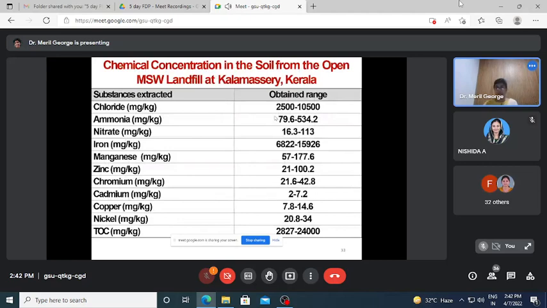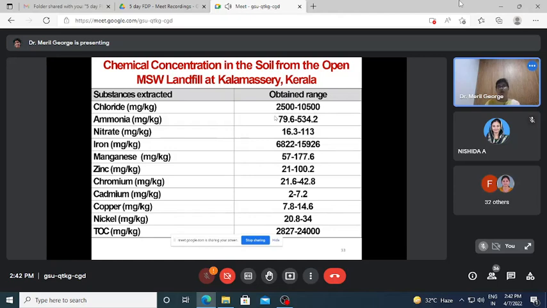The data obtained from the field, that was from the Kalamassery area, was tabulated here. The chloride was found in the range of 2,500 to 10,500. Likewise, ammonia and other chemicals also.